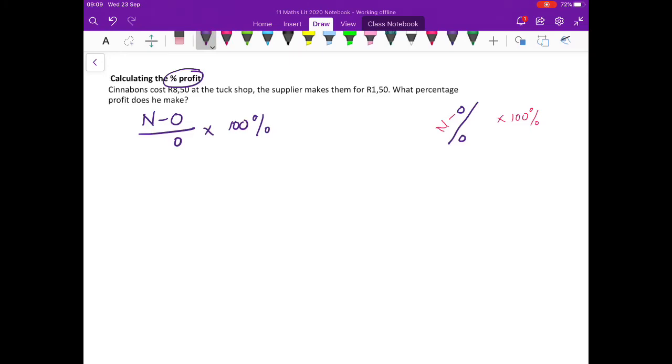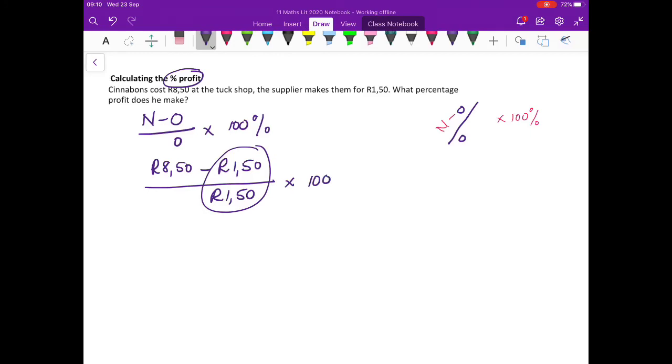Right, my new price is my selling price, which is R8.50, minus cost price, which is R1.50. And remember, these two have to be the same, so it's going to be over R1.50, and I'm going to multiply by 100%. Now remember, percentage is your unit, so I'm not putting that into the calculator.